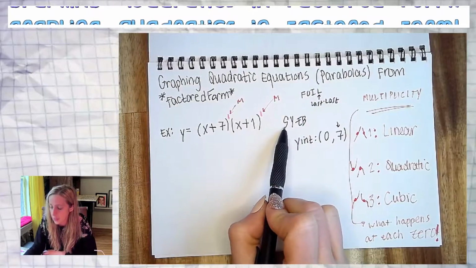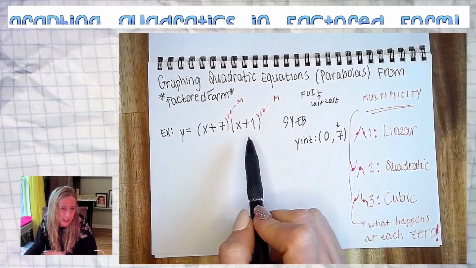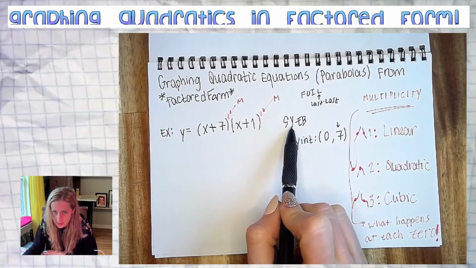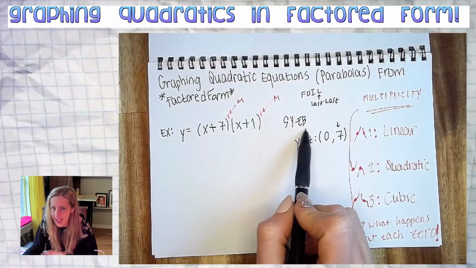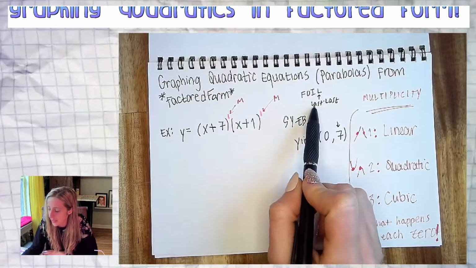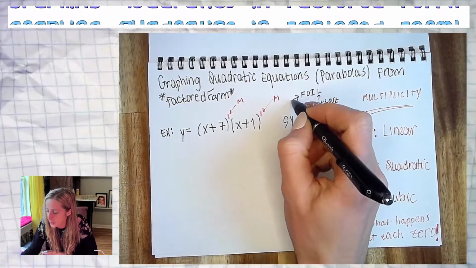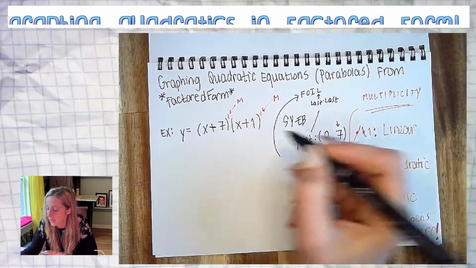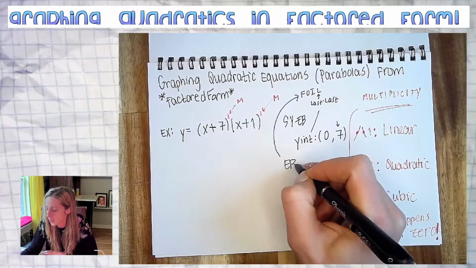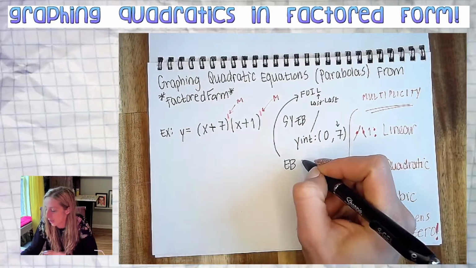So stinky would be if it were in standard form. We're faking it because it's not in standard form. Yetis is the Y-intercept. EB is end behavior. Now, last is our Y-intercept. But first times first is really going to give us the information we need for our end behavior.